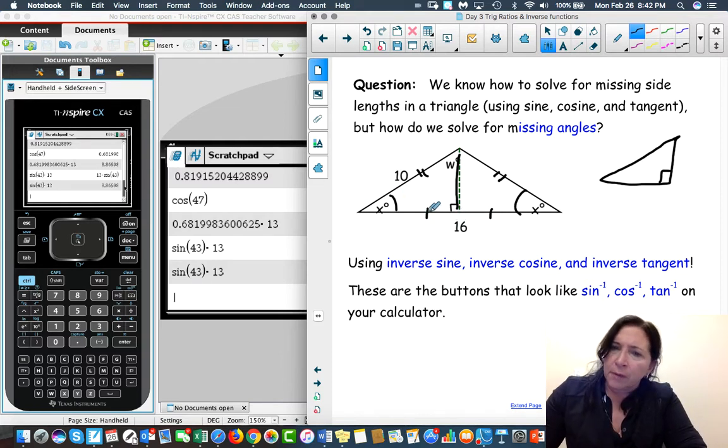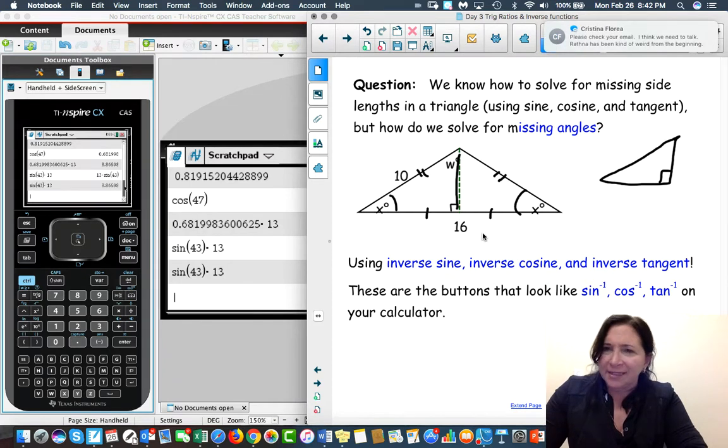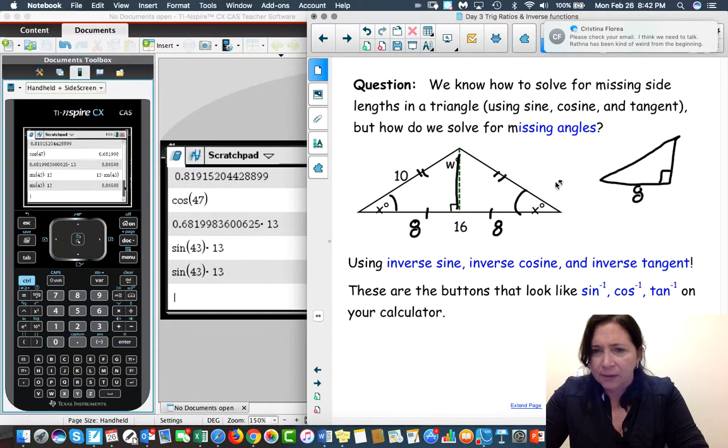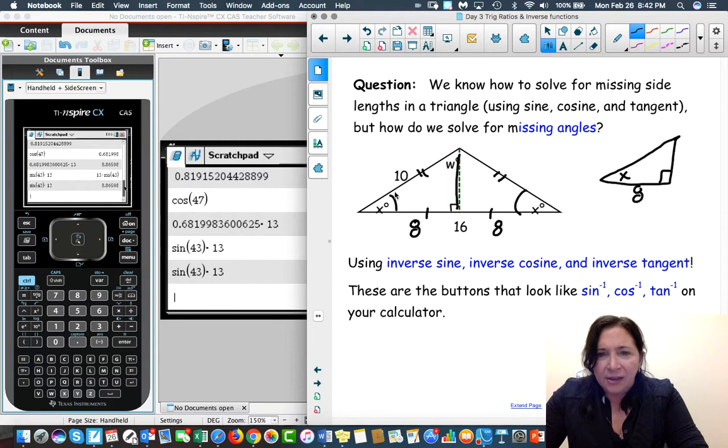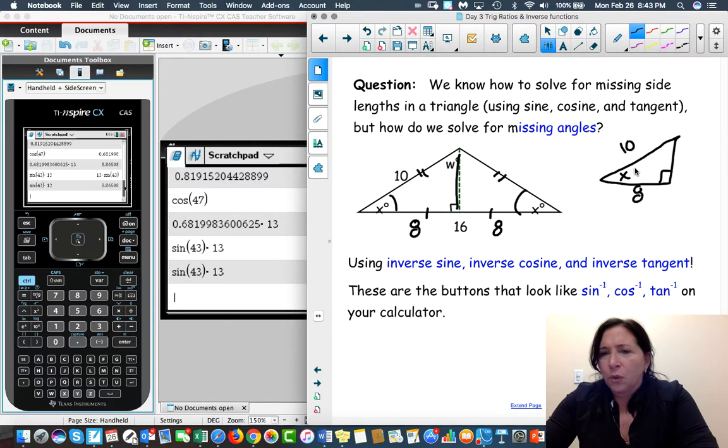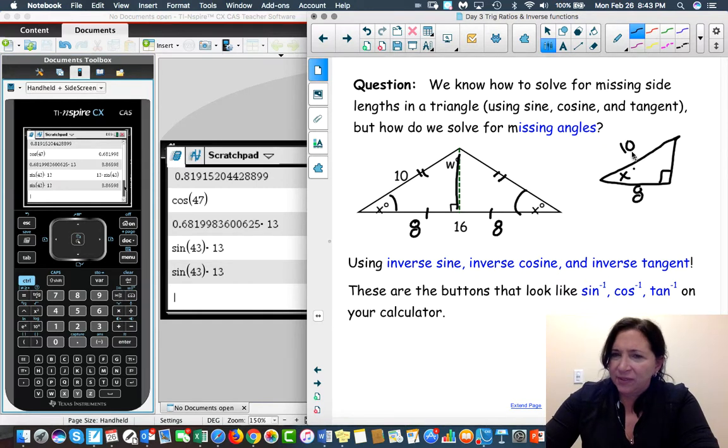So if this whole length is 16, we divide it in half. This is going to be 8 here, and this will also be 8. I'm trying to find X, and this is 10 here. Of course, if this is 10 and this is 8, this is a 6, 8, 10.